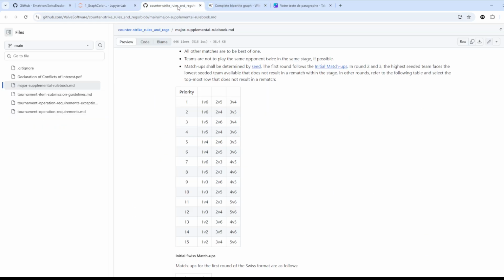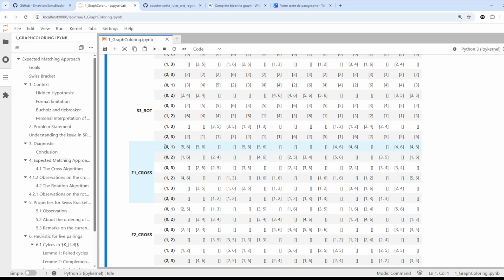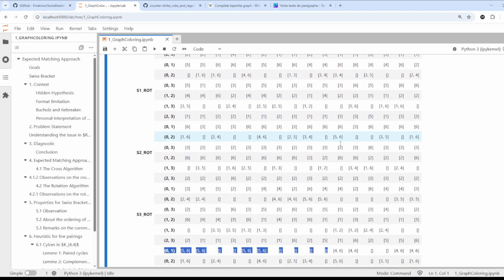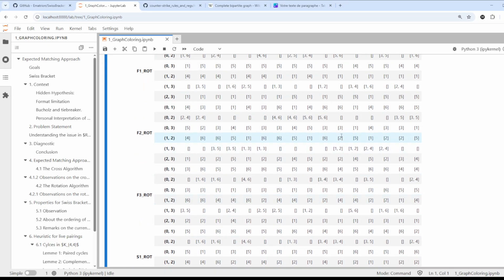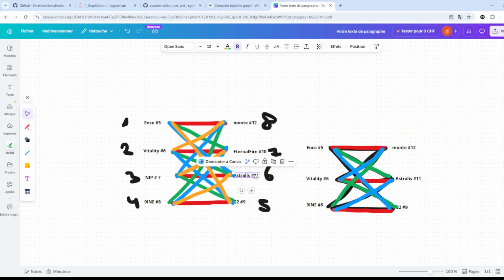The major, the way it was played, corresponds to F1 cross 0, 1, which if you go to the column 3, 7, no, wait. So we were indeed in 3, 6. Okay. You see, I've got the problem. It's actually 3, 6.